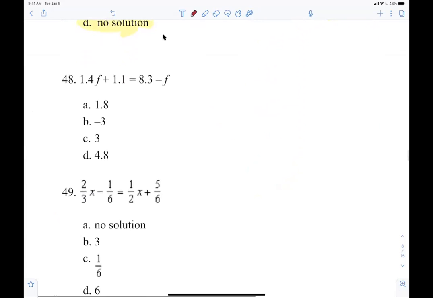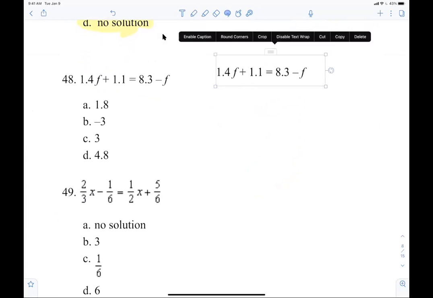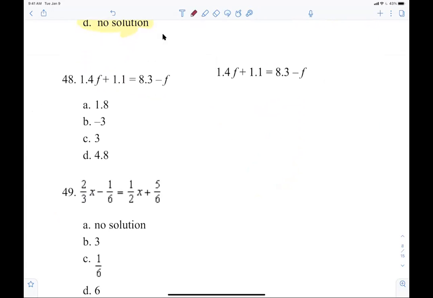Some more decimals. Adding f. Subtracting 1.1. All right, I need help with 1.4 plus 1.